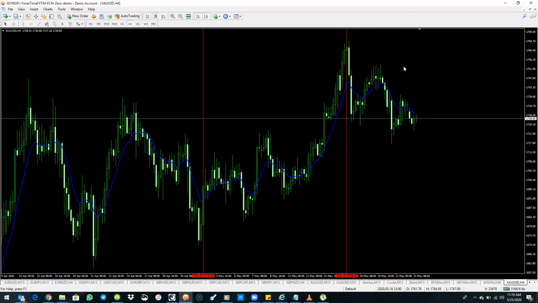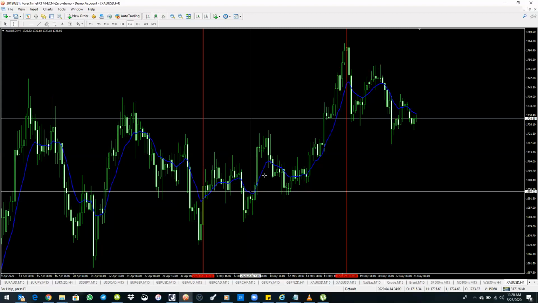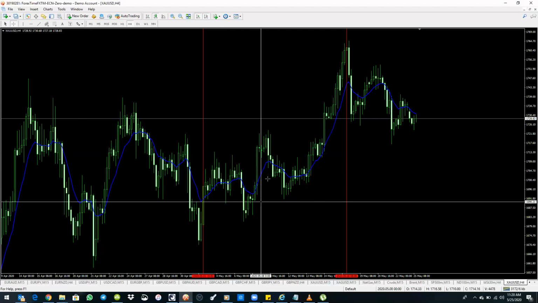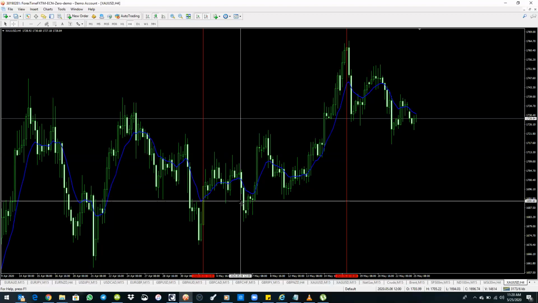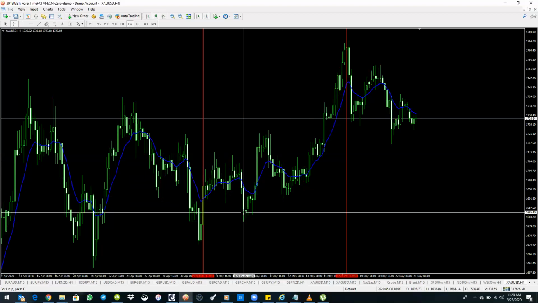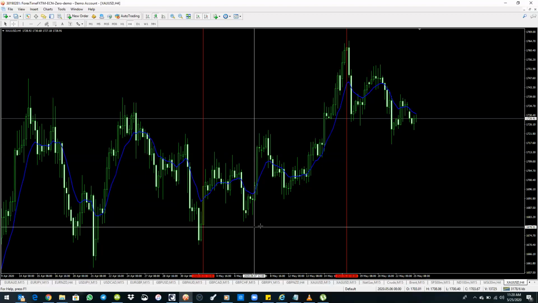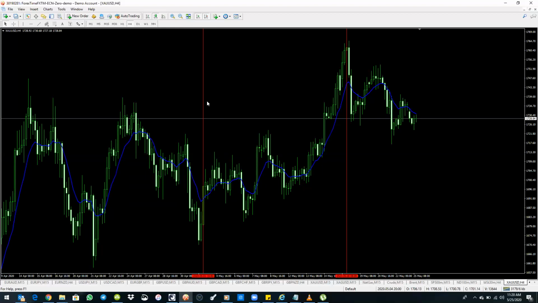You can see it was clearly bullish. At most parts, you can see market was trading above the moving average, but at some times it closed below the moving average, giving you a false sense that the market has changed direction. That is the problem of having a moving average with a low value.